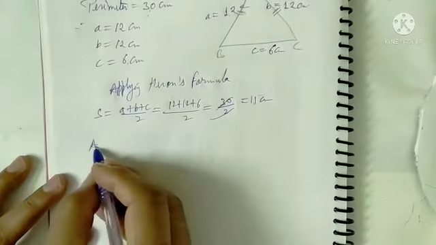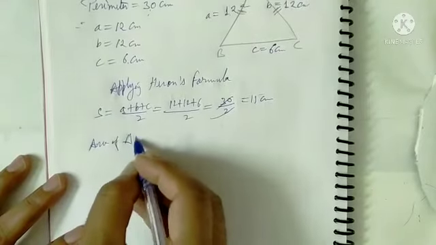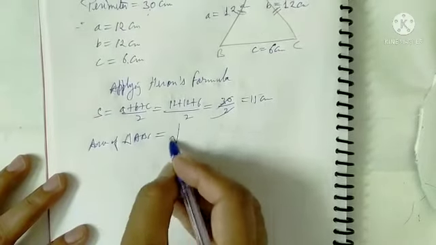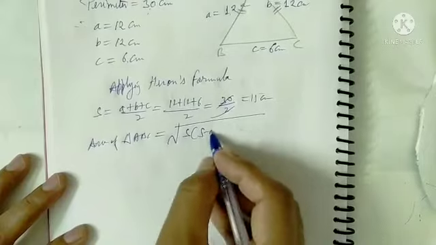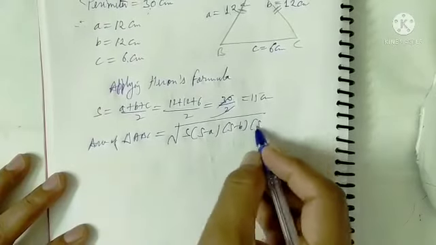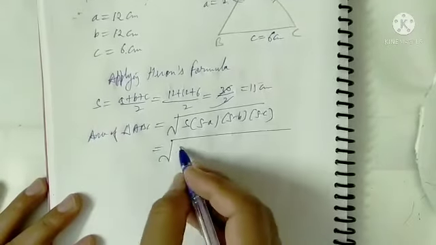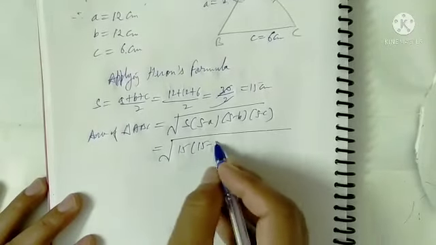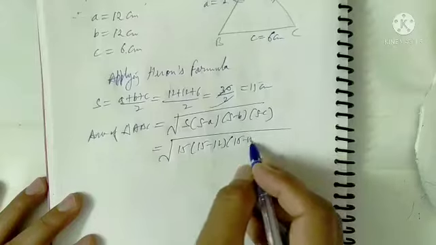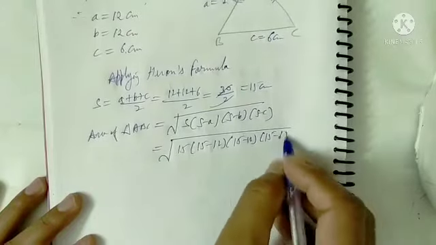Now take out the area. The area of triangle ABC is equal to under root s into s minus a, s minus b, s minus c. Now, put the value of s. This is 15. 15 minus 12, 15 minus 12, and 15 minus 6.